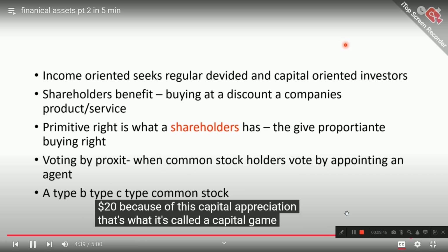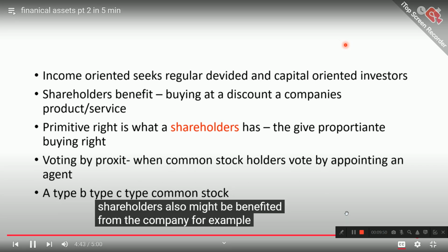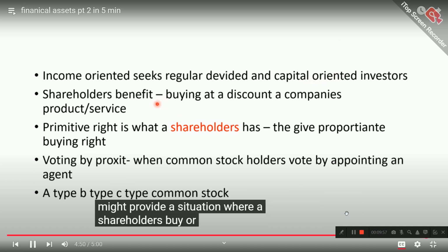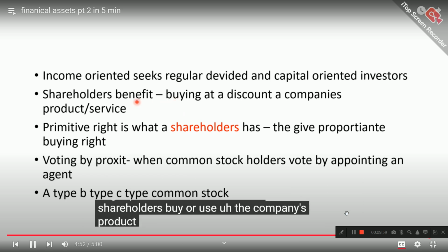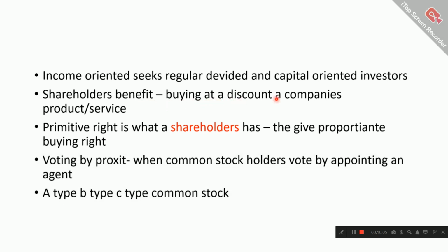Shareholders might also benefit from the company itself. For example, a company might provide a situation where shareholders buy or use the company's product at a discount. When I say discount, I'm not talking about a financial asset, but the company that sells its shares might have its own operation.